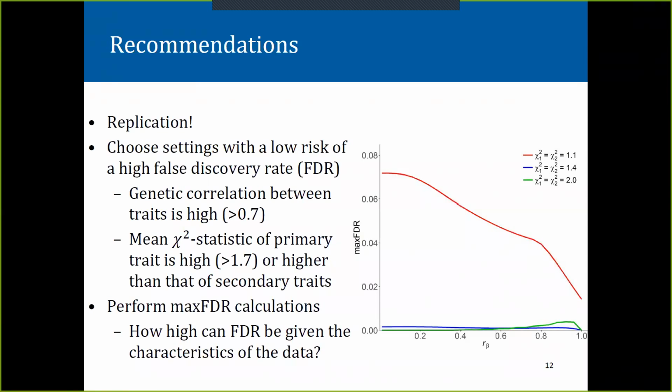I would recommend, in addition to just using these guidelines I gave here, to perform your own max FDR calculations. So you can look at your particular setting, the genetic correlation between your specific set of traits and the power of your specific GWASs, and calculate how bad the false discovery rate could get.